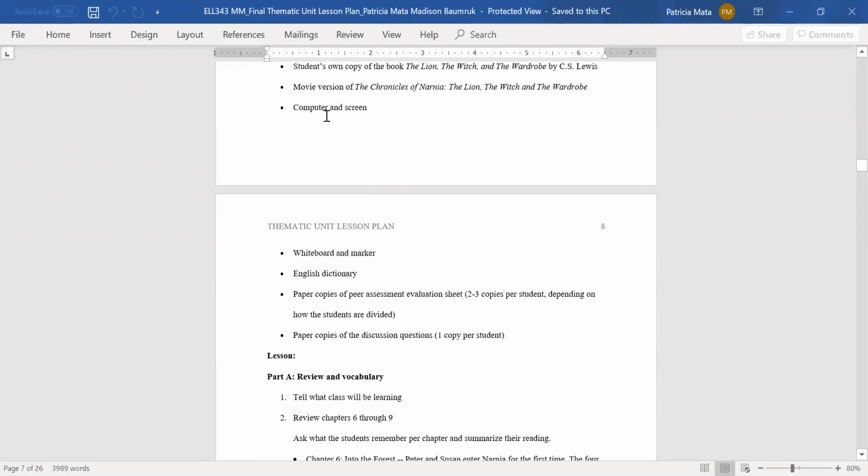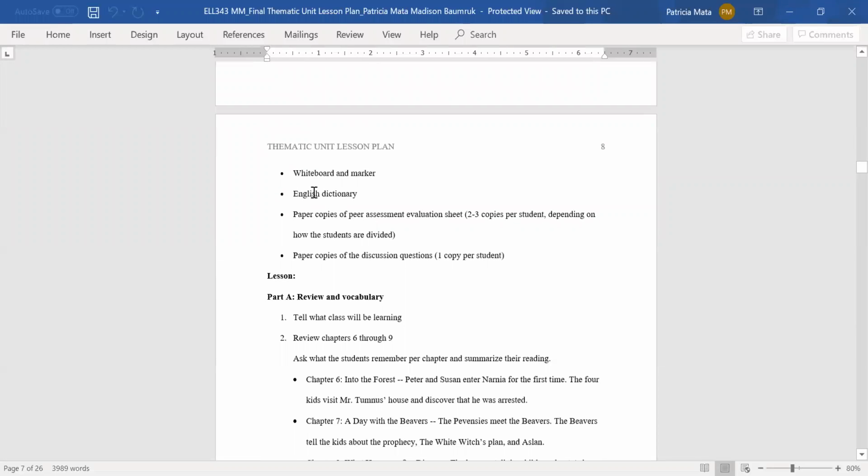The teacher should have a computer and screen, whiteboard and marker, an English dictionary, so this could be a physical or online dictionary, but we recommend having both. The teacher should also have paper copies of the peer assessment evaluation sheet.